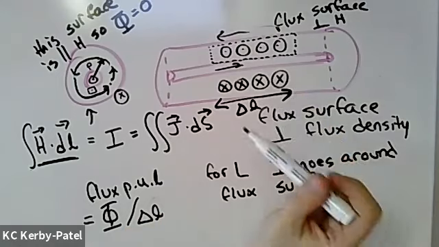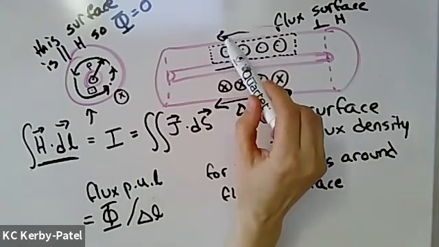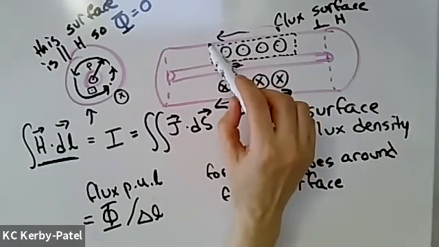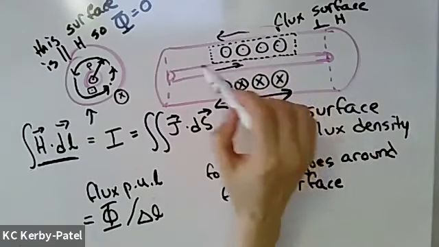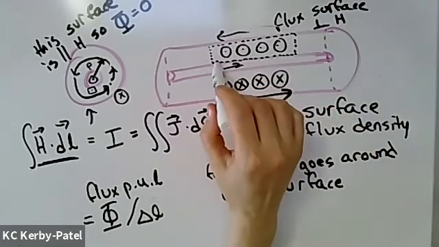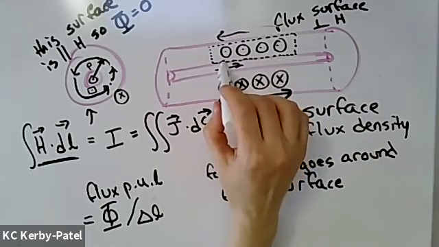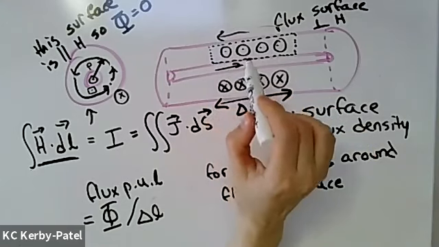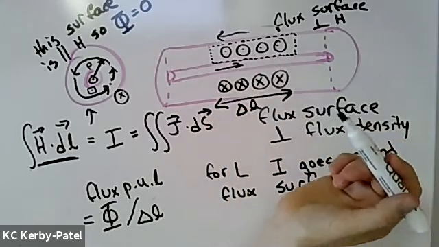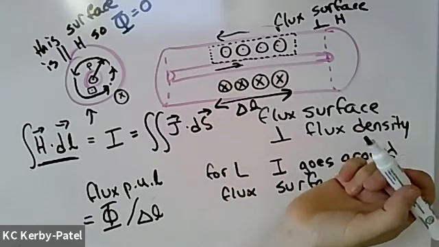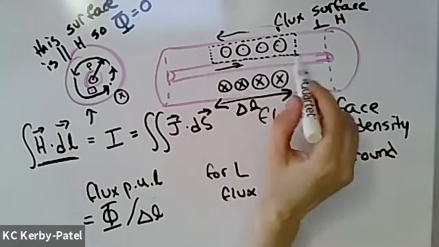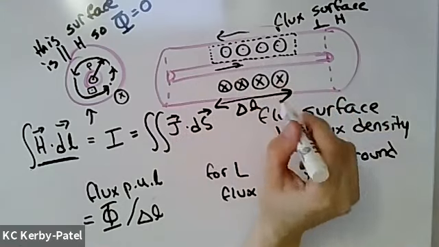And then you define this flux surface to go between the two currents. It needs to have one edge on one current and one edge on the other current. It needs to build the whole area of the circuit, except in this case, the circuit is sort of infinitely long, so we just do it per unit length.